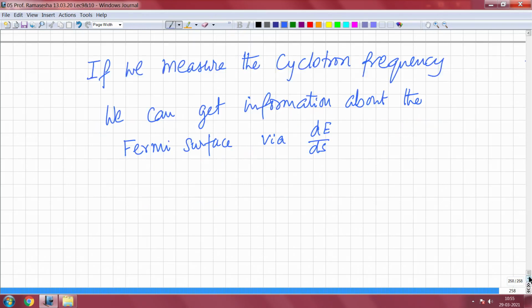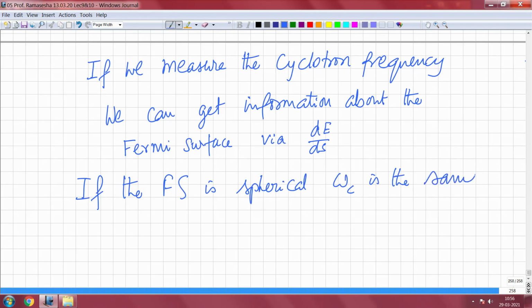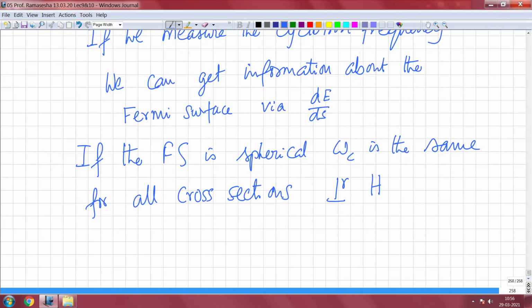First of all, if you have a spherical Fermi surface, then omega c is the same for all cross sections perpendicular to the applied field H. So there is no problem. There will be a coherence of the cyclotron frequencies, and because of which you will be able to measure the frequency.